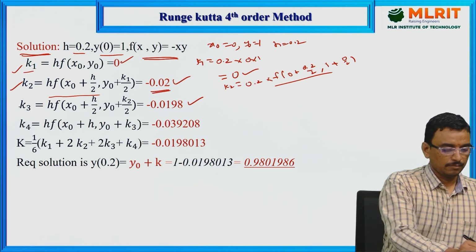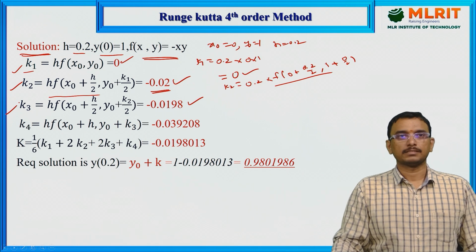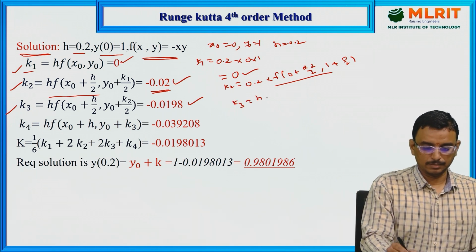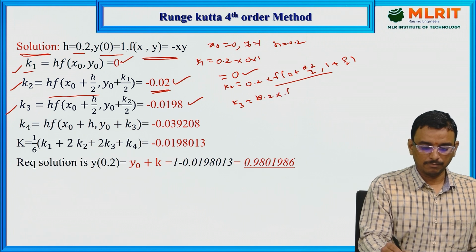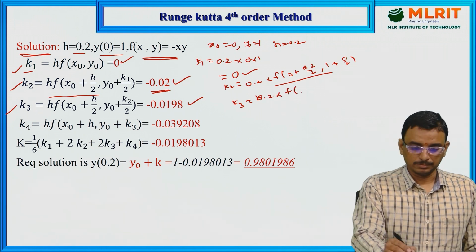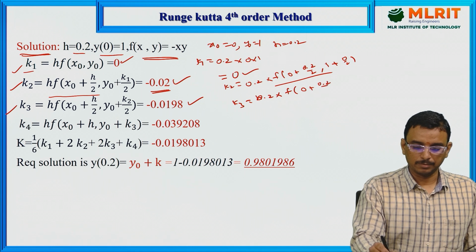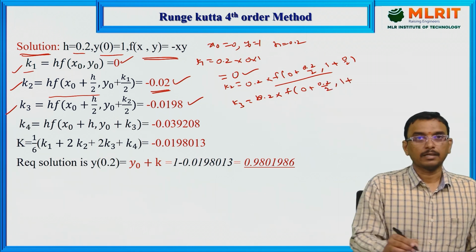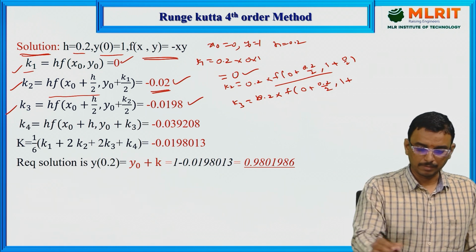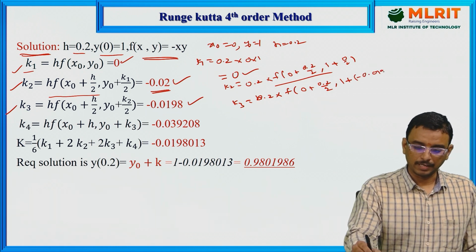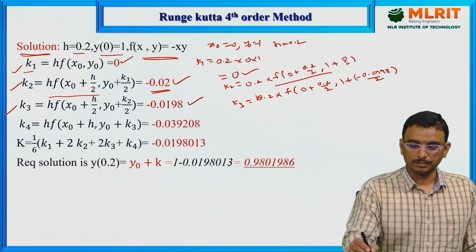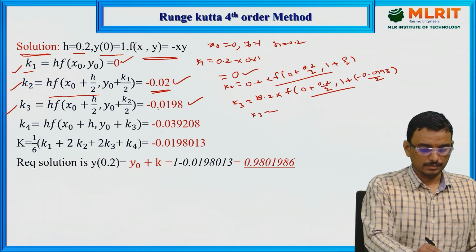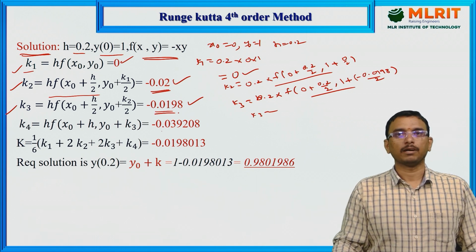Similarly, we can calculate another slope k3, that is h into f of x naught plus h by 2 comma y naught plus k2 by 2. So that is 0 plus 0.2 by 2 comma 1 plus k2 by 2, where k2 is minus 0.02 divided by 2. By simplifying this, we get the k3 value, that is minus 0.0198.